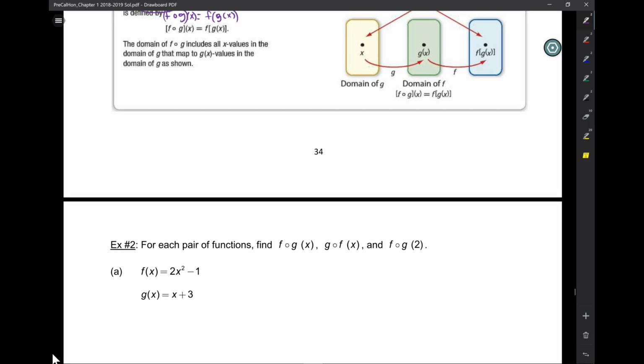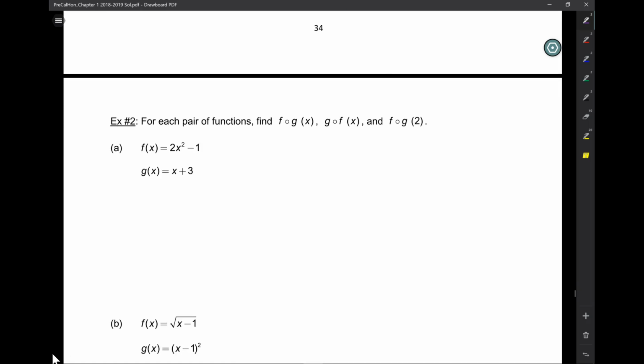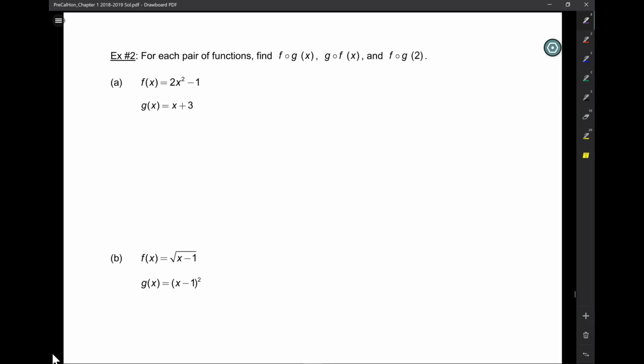Into f of x. So here, I'm missing some brackets. Okay. So f of g of x, right? We're going to put g into f of x. So f of g of x, we put g into f.